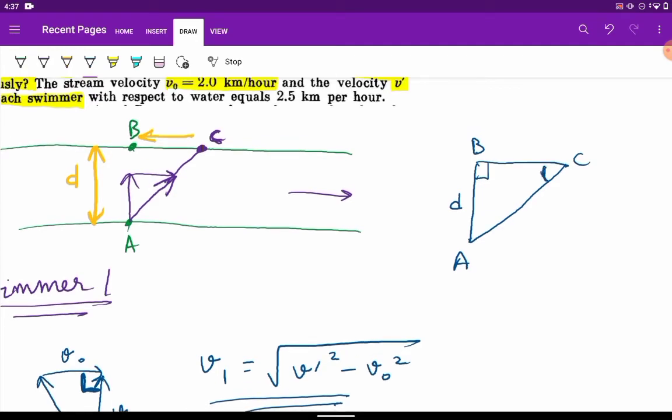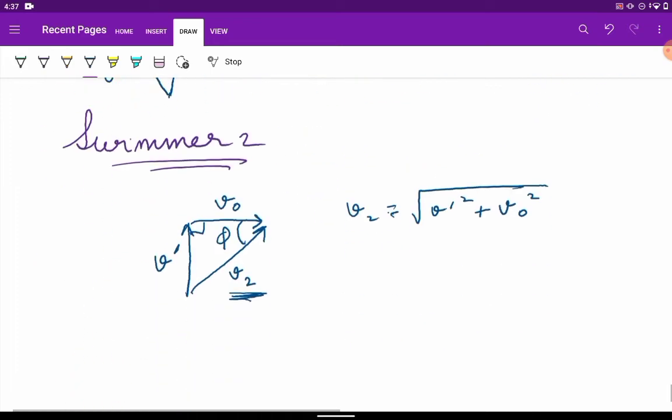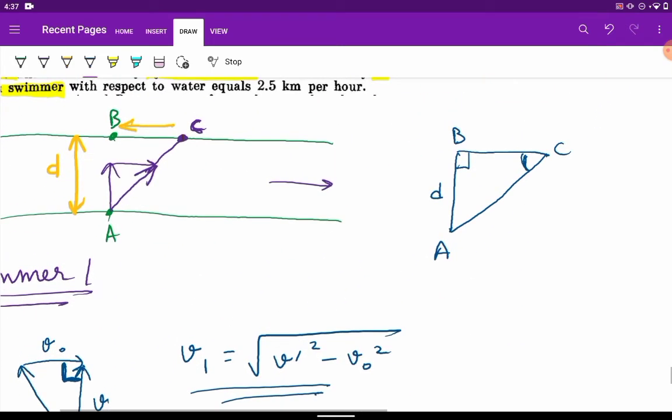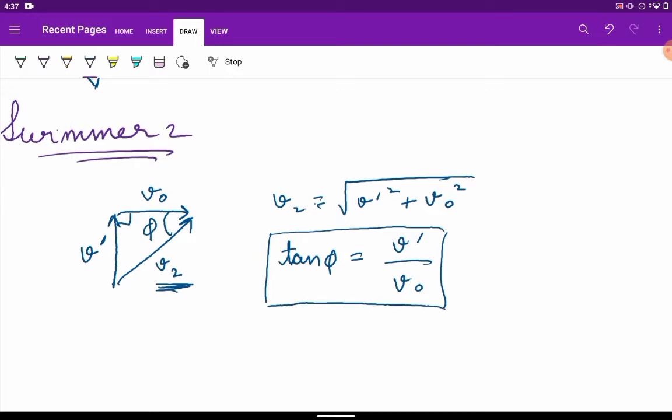This is nothing but the same phi. So what we have from here is tan phi is equal to v dash by v naught. This is something that we will need.